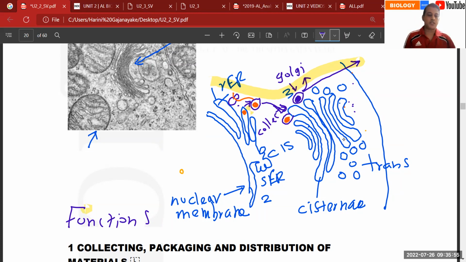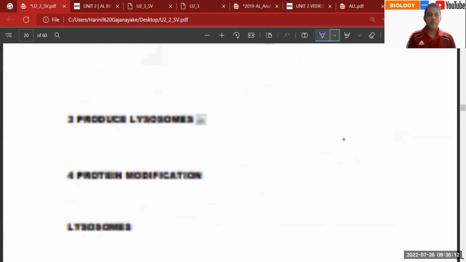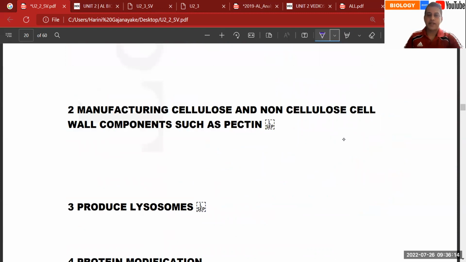Cellulose is the main component, but there is another one called pectin. This kind of material for the cell wall is synthesized in the Golgi. Here, the second one: manufacturing cellulose and non-cellulose cell wall components such as pectin.